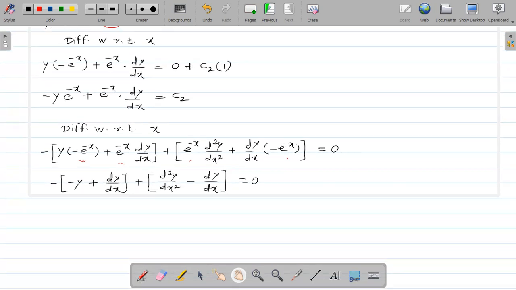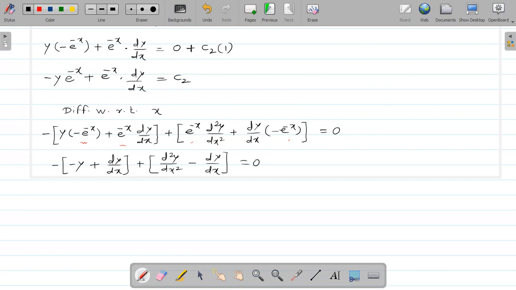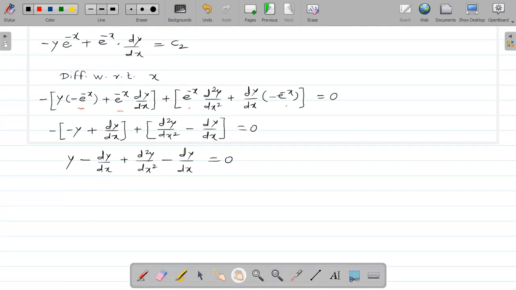Now next step, after removing this, minus minus plus y minus dy by dx plus d square y upon dx square minus dy by dx is equal to 0, and hence we get the differential equation: d square y upon dx square minus 2 times dy by dx plus y is equal to 0.